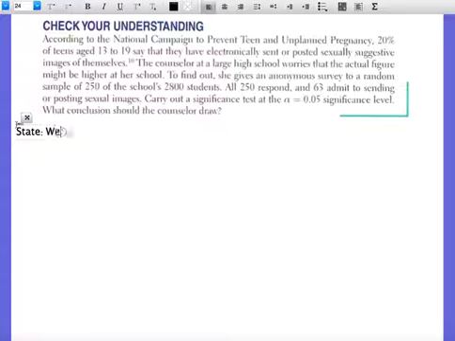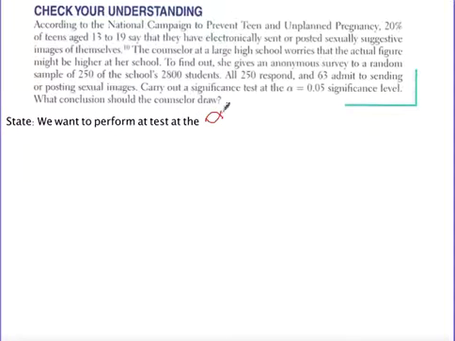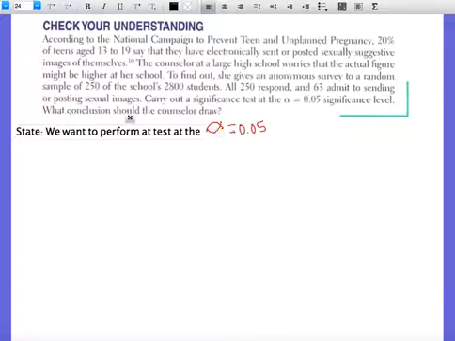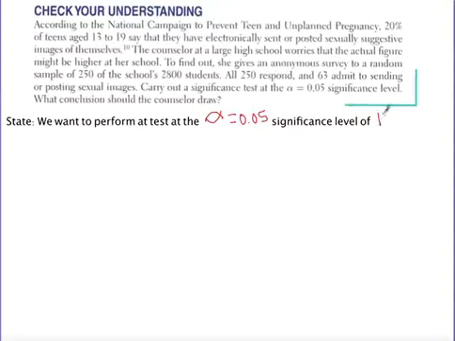So we're going to say that we want to perform a test at the alpha equals 0.05 significance level of the null hypothesis when p equals 0.20 versus the alternative hypothesis where p is greater than 0.20.